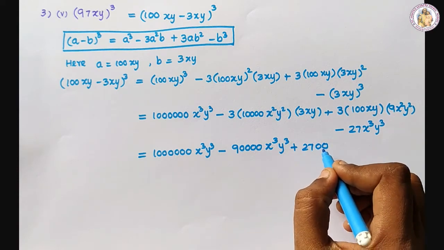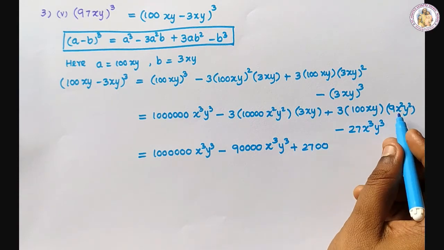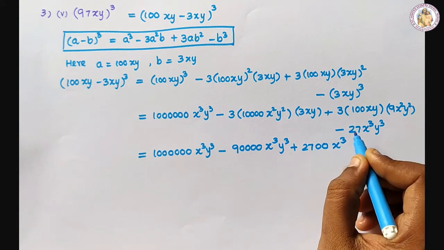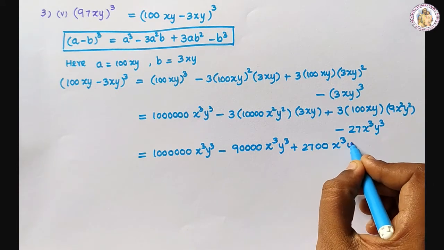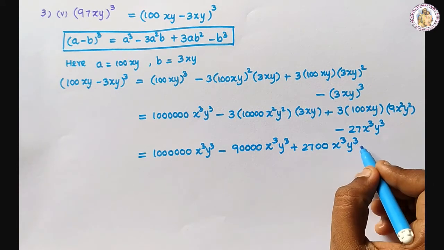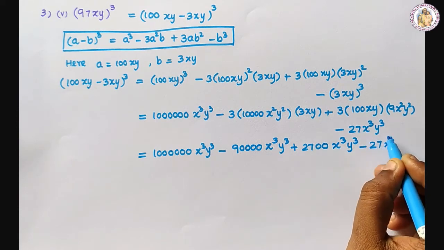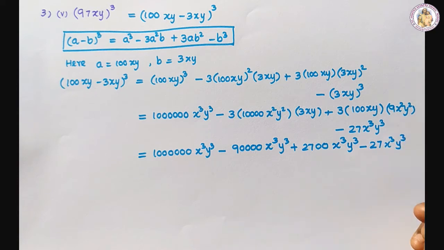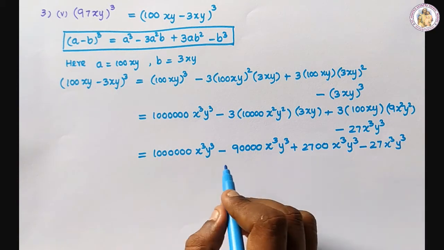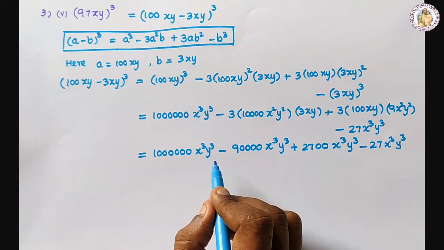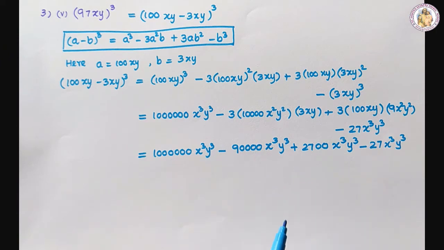So we get 2700. x into x squared, that is x cube, y into y squared, that is y cube, minus 27 x cube y cube. All these terms are in x cube y cube only, that is like terms. We can add these values.